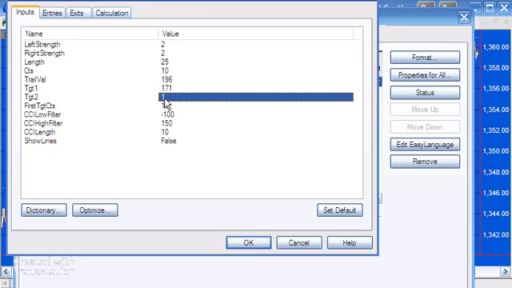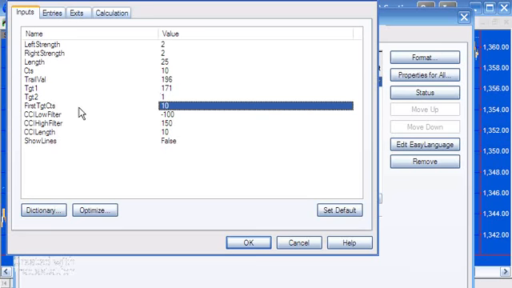So for example, if we were in a long trade and TGT1 was 171 and TGT2 was 1, then the second target would be equal to entry price plus 172 multiplied by the min move divided by price scale. First target contracts, this is the number of contracts that we take off at the first target. The remainder would be taken off at the second target.